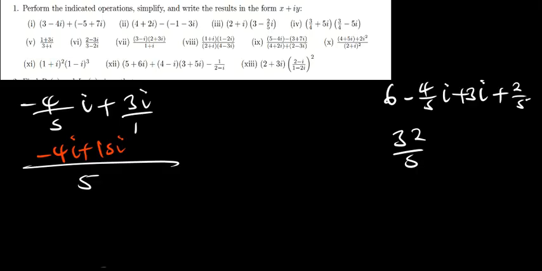So negative 4i plus 15i is 11i, so 11i over 5 is what I'm going to have here.